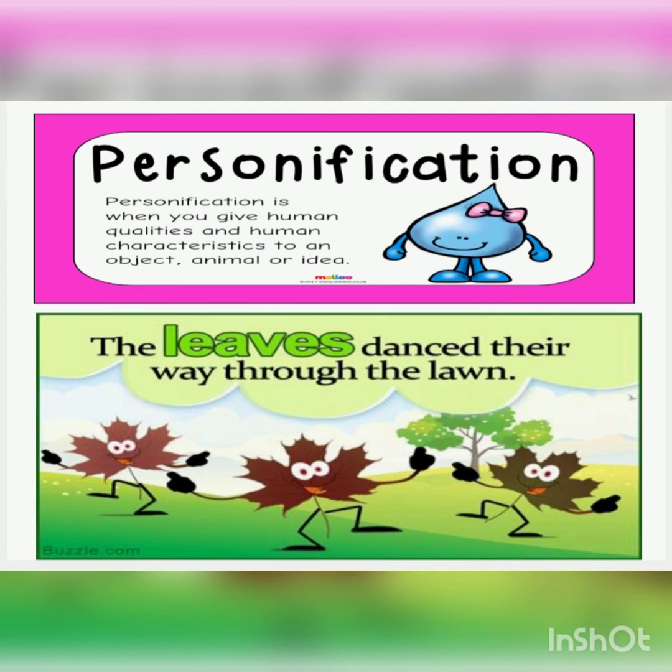Here in this example, we can see that the leaves danced. We know that leaves can never dance. So leaves is an object where the human characteristic, that is dance, is being used in the sentence. So remember, personification is when you give human qualities and human characteristics to an object, animal, or an idea.